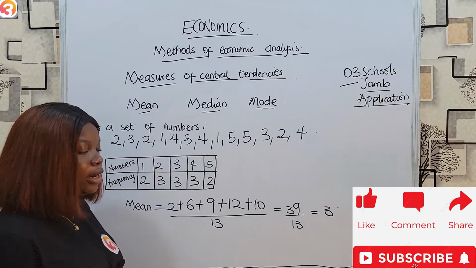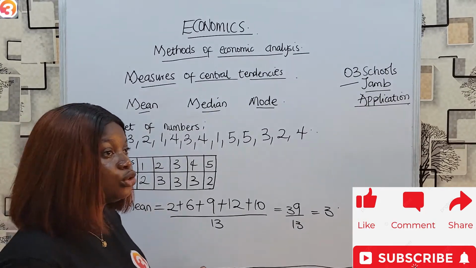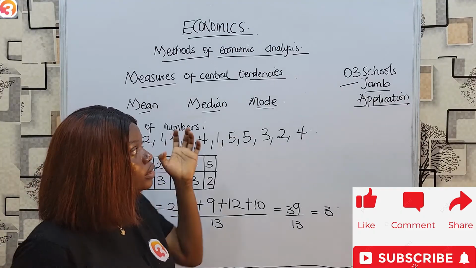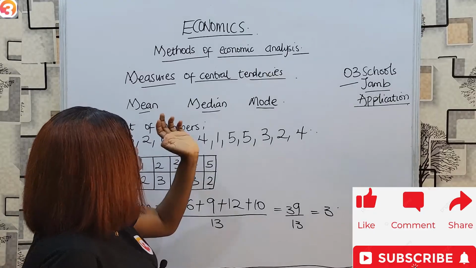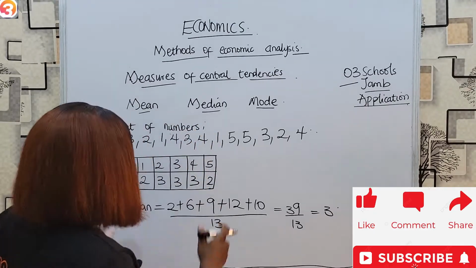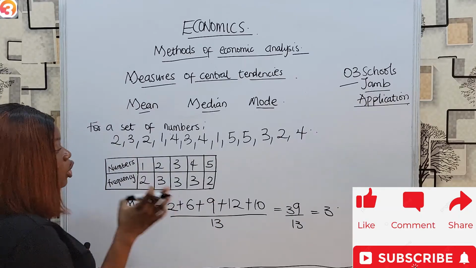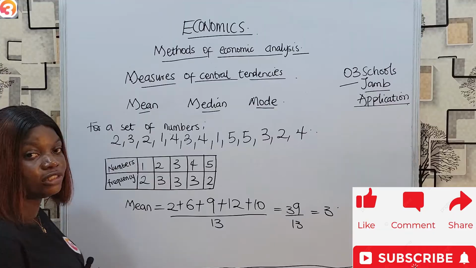And then the next characteristic we'll look at is always present. The mean is always present. In any calculation you want to do requiring measures of central tendency, in the study of the method of economic analysis, the mean would always be present. It is also unique, and it is very sensitive to change.